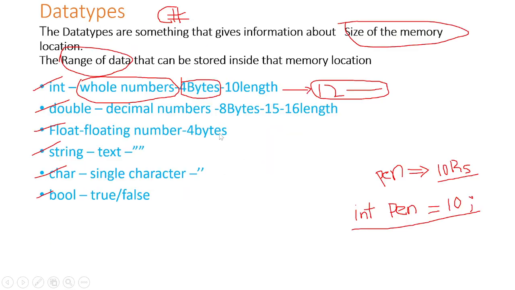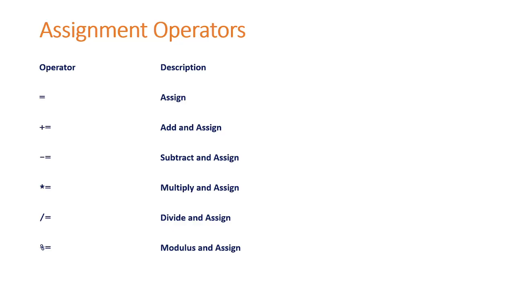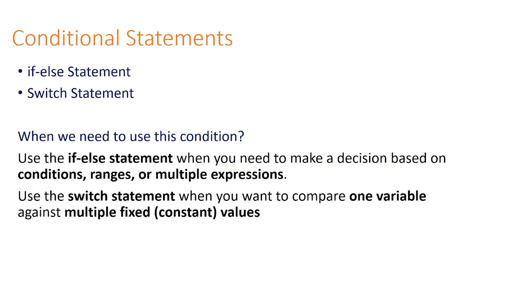Yeah, the most important point, the conditional statements. There are two conditional statements we have in C sharp: the if-else statement and the switch statement. When we need to use these conditions in the program, use the if-else statement when you need to make a decision based on the conditions, the range, or multiple expressions.